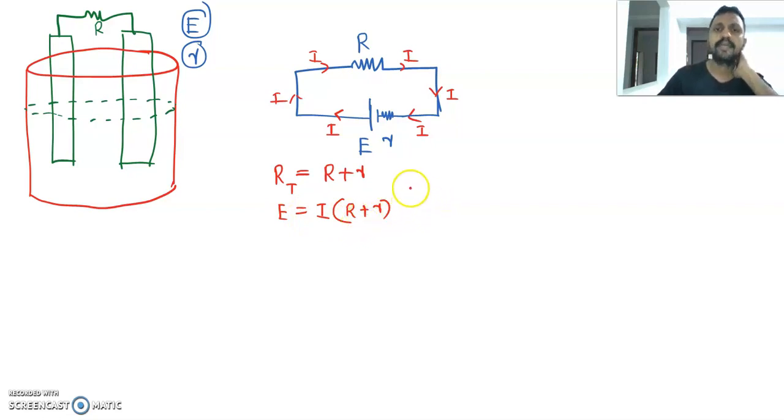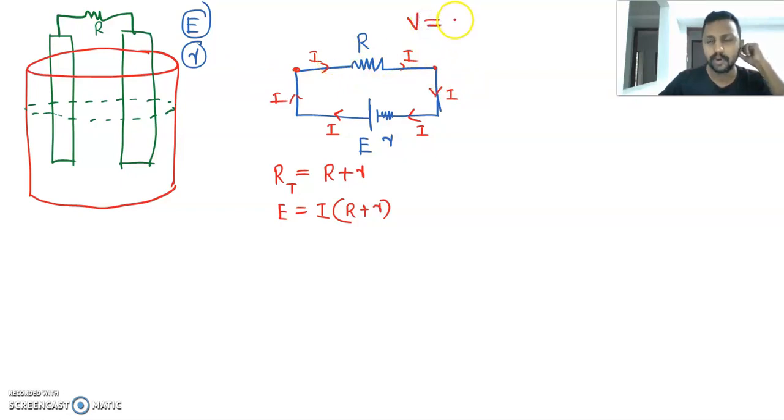Okay, you might have learned voltage. Voltage across the resistor is the potential difference between the two terminals of the resistor.